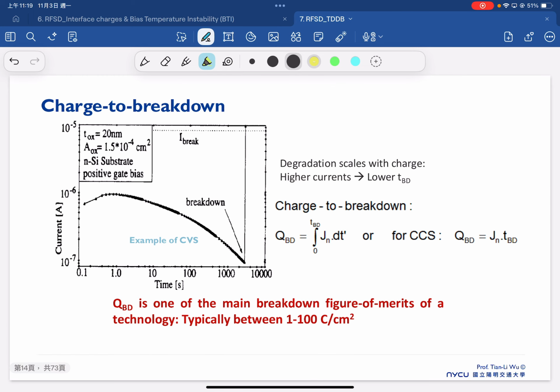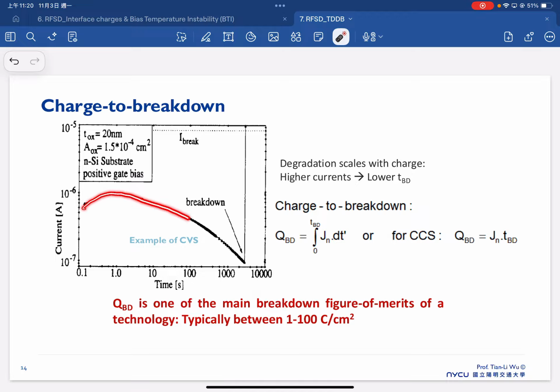One of the very important characteristics to understand dielectric breakdown, or TDDB, is what we call the charge to breakdown. Here is an illustration of one of the previous CVS characteristics where we stress, and at a sudden moment we see the breakdown.